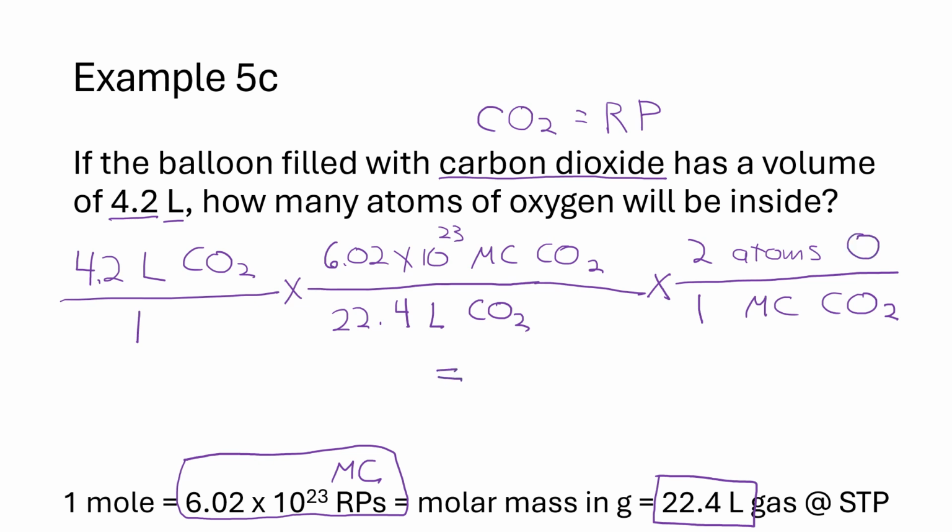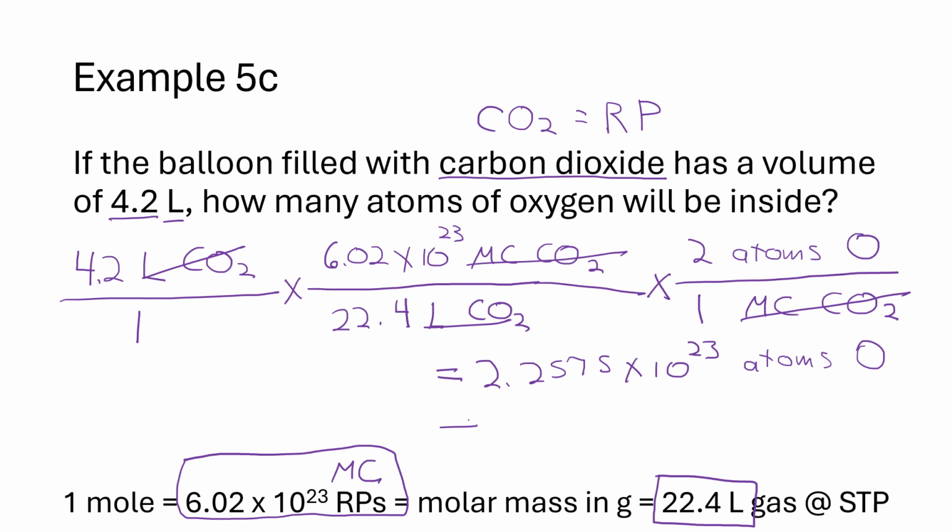So now, running all of that through my calculator, I'm going to have 4.2 times 6.02 EE23 divided by 22.4 and then times 2. And that's going to give me 2.2575 times 10 to the 23rd. Unit-wise, liters of CO2 cancel out, molecules of CO2 cancel out, and we're left with atoms of oxygen.